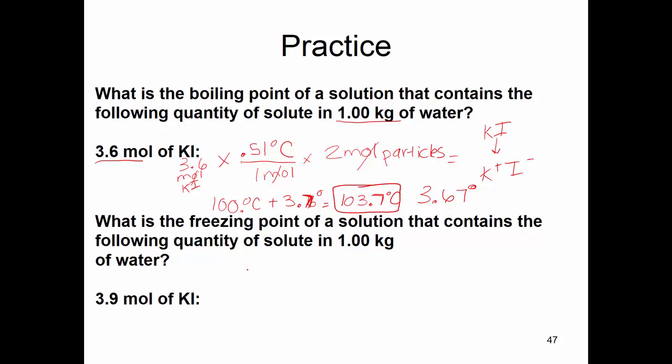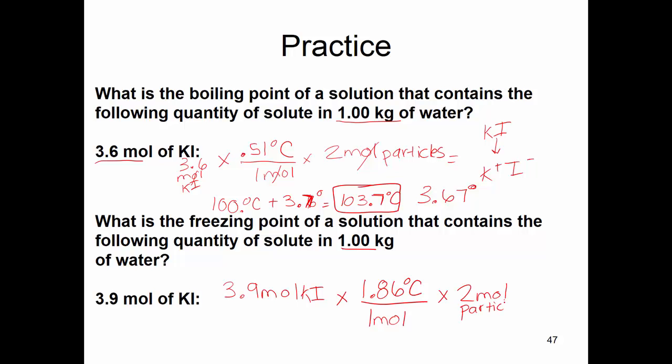All right, for our freezing point, we do the same type of situation. We have 3.9 moles this time. We know for every mole, and really we have per kilogram, this time if you look back at your slide, the temperature decreases by 1.86 degrees C. Once again we have 2 mole particles.